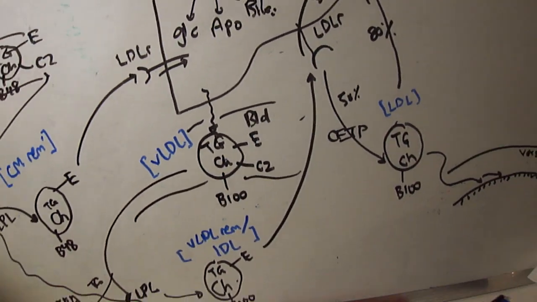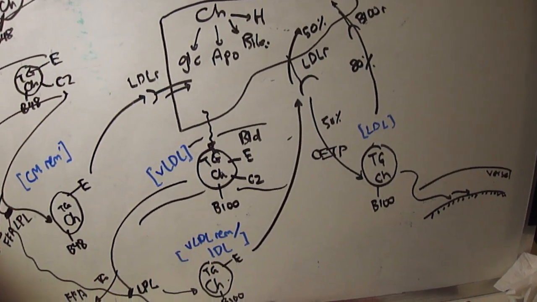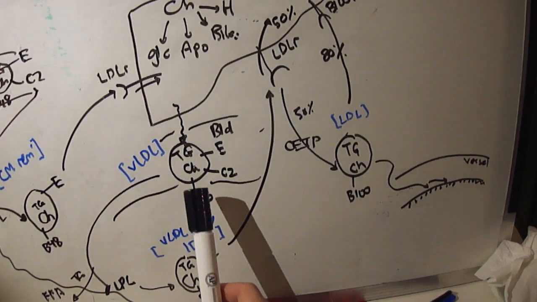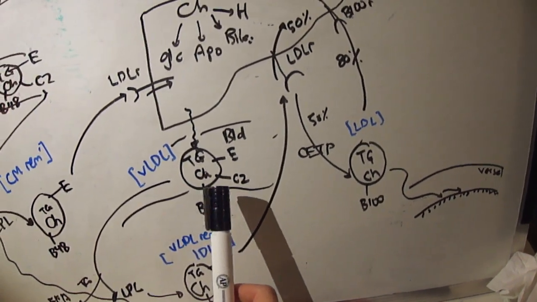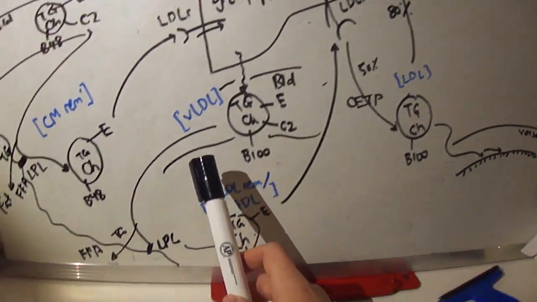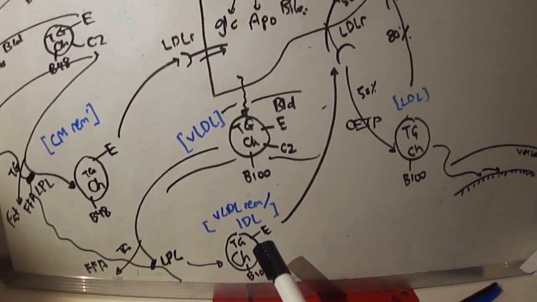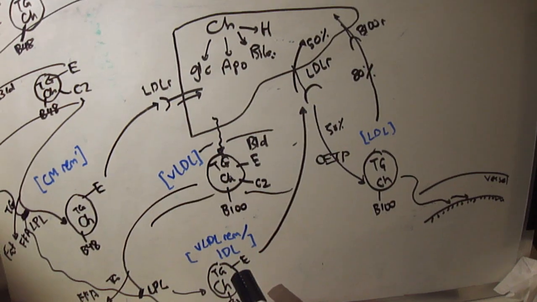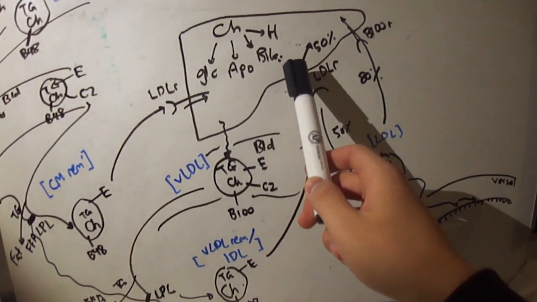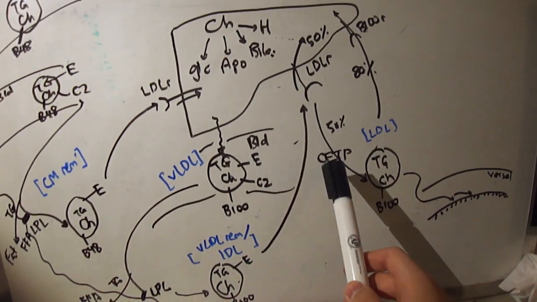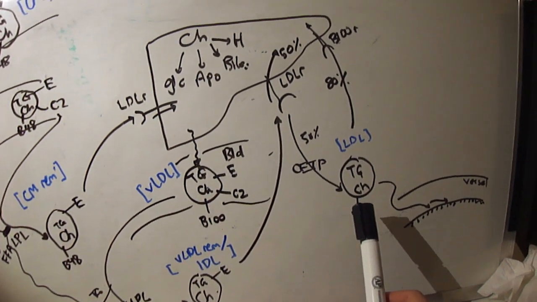And so that is a story of how the liver creates VLDLs, which then deposit its triglyceride into fatty tissue, becoming IDLs. The IDLs, half of that goes back to the liver, and then half of that becomes an LDL.